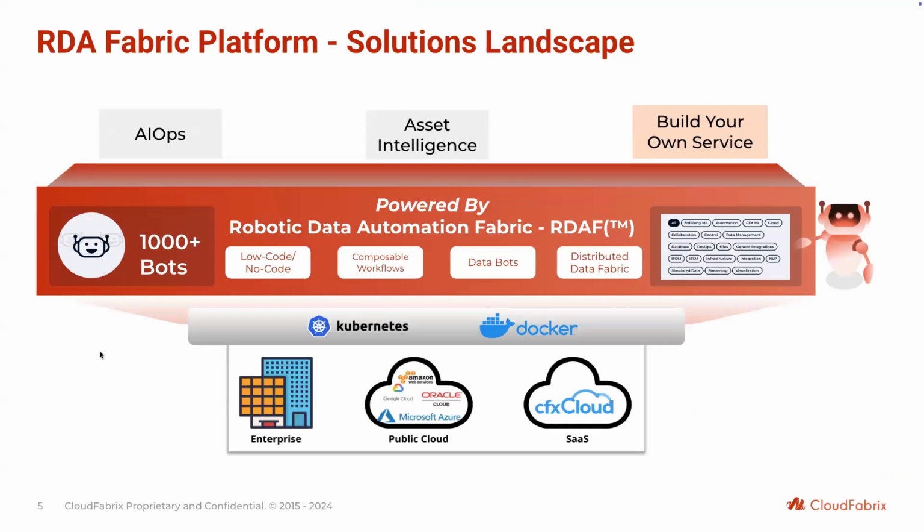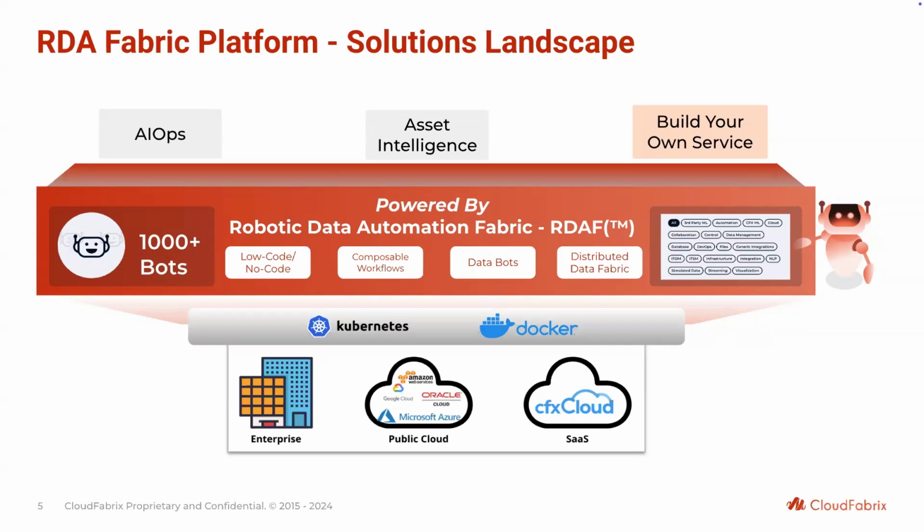Our main platform is the RDAF core platform. It is also known as Robotic Data Automation Fabric, which is our foundational and core platform, built on top of a cloud-native architecture.